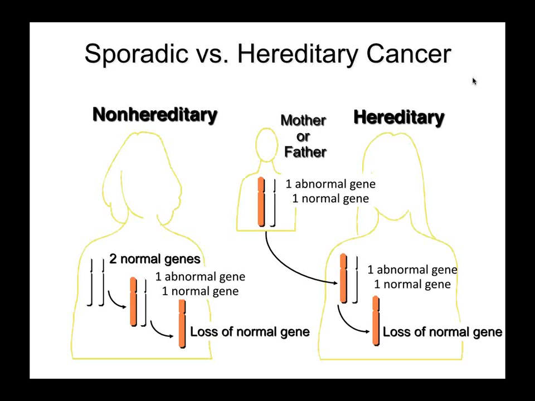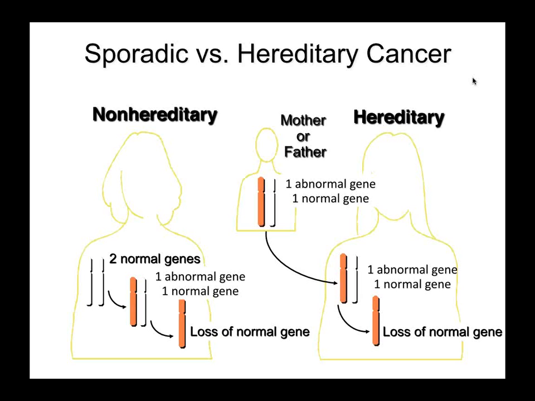But with time, the cells are reliant on that one normal copy of the gene to maintain order within the cells and to avoid accumulation of excess mutations. But if that normal copy is lost, then you can have a situation again where the function of that gene is lost, and that predisposes to cancer.